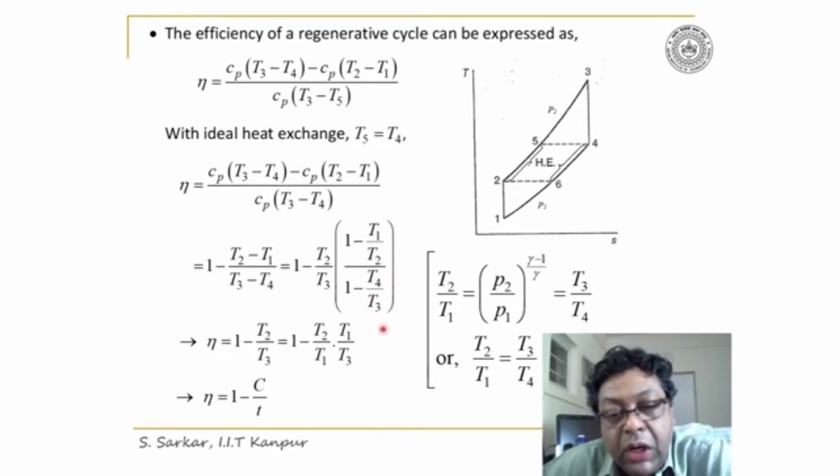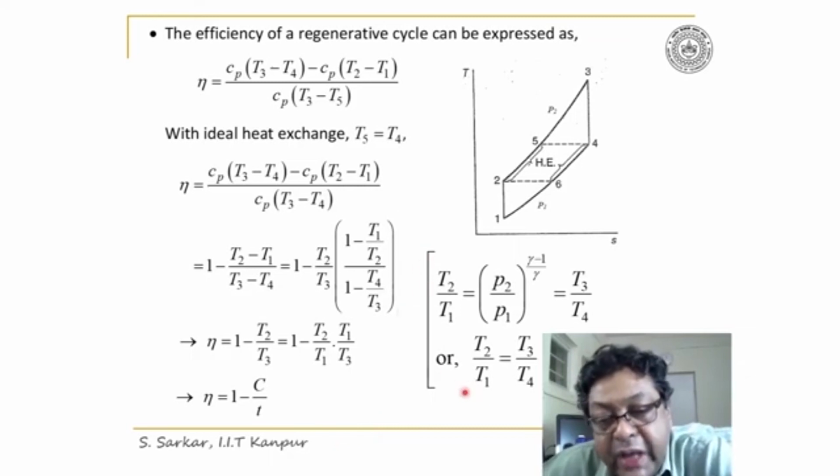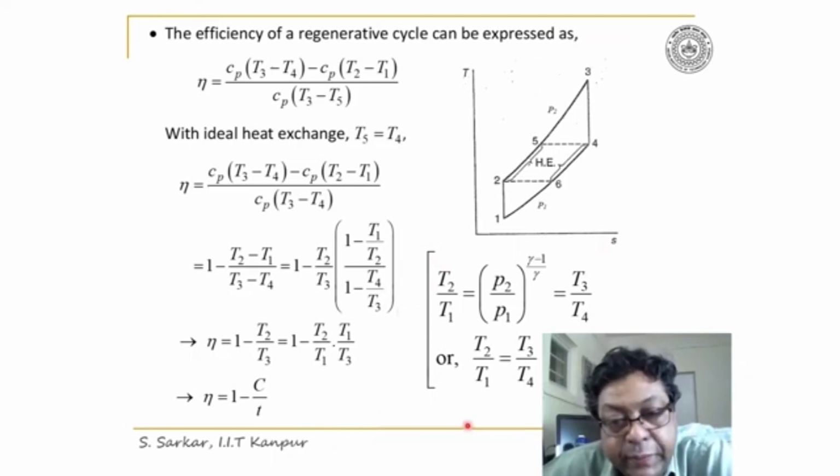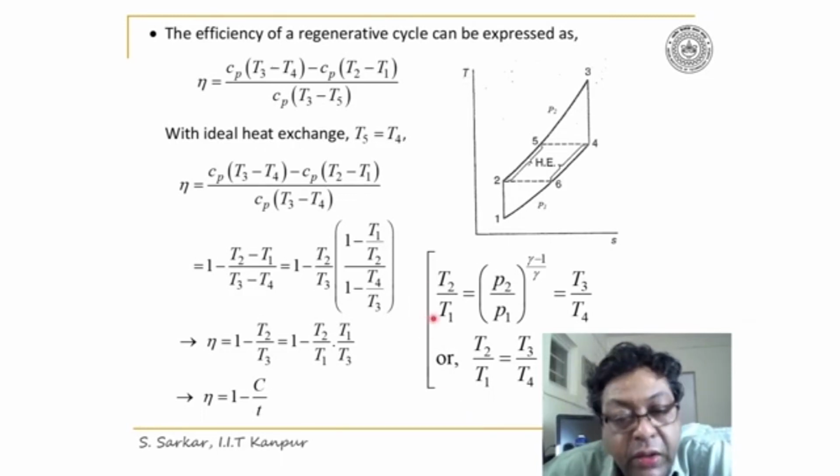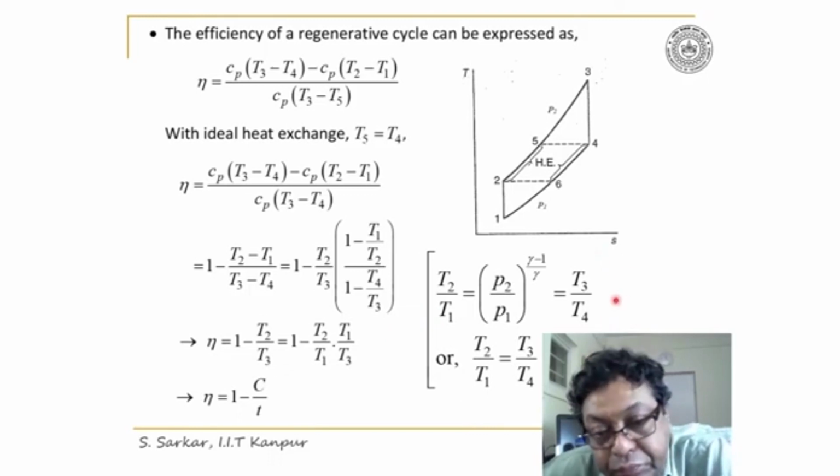Now, considering the isentropic relations between P1 and P2, I can express T2 by T1 is equal to (P2 by P1) to the power (gamma minus 1) by gamma, which is equal to T3 by T4.